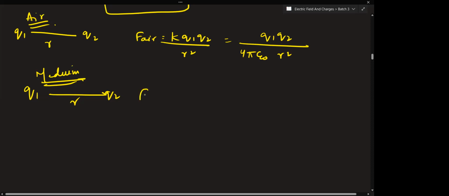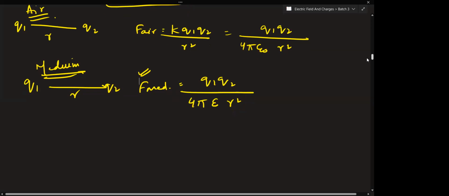You will be using force for that medium. You will have Q1, Q2 divided by 4 pi epsilon R square. Now you will not be writing epsilon naught. Reason being, this is absolute permittivity, which is required only for air or vacuum. But now if you are given some other medium, and you are required to use this force, then how should you use it?